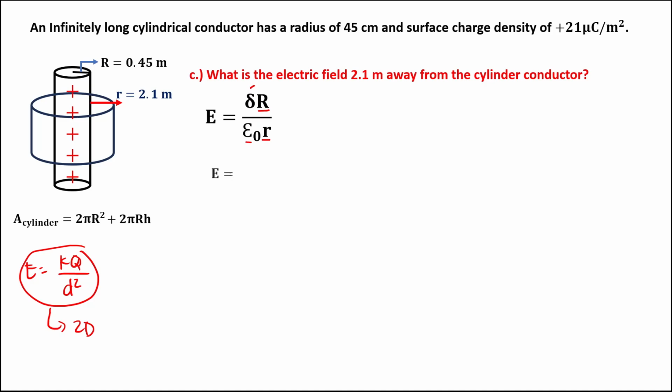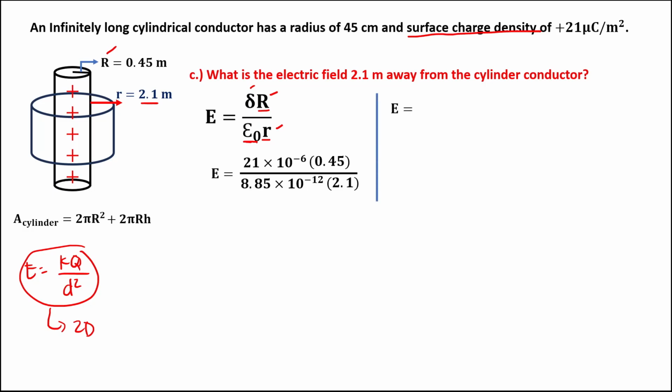Then to find now the electric field, for the surface charge density, that's 21 times 10 to the power negative 6 times the radius of the cylindrical conductor, that's 0.45, then over epsilon sub naught, this is 8.85 times 10 to the power negative 12 times the radius of the Gaussian cylinder, that's 2.1.